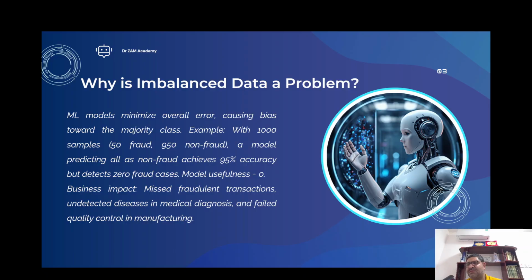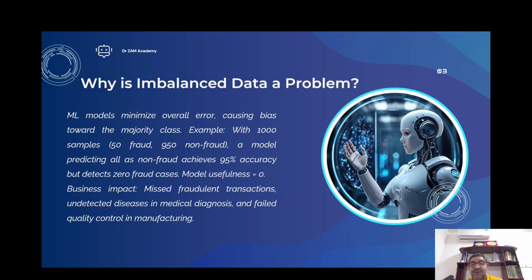Even if a model predicts all 1,000 as non-fraud, it will still get 95% accuracy.